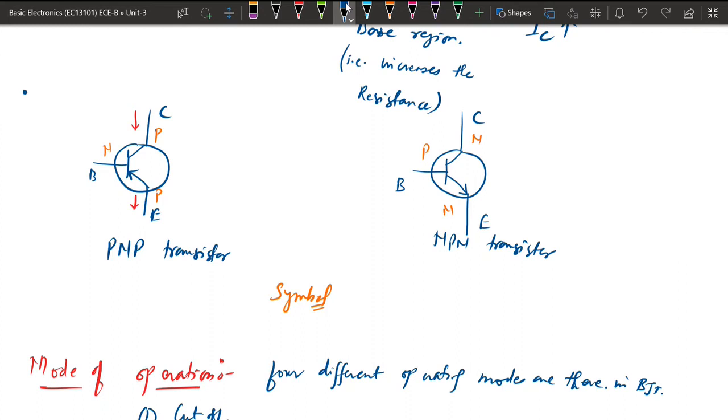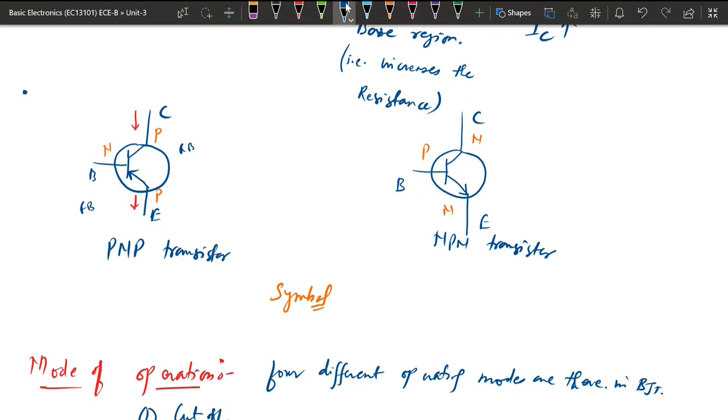So we can consider this region, base to emitter. Suppose this is P, N, and P. Here this is P and N, so the current direction will be from P to N. The input region is always considered forward bias, and the output region is reverse bias.